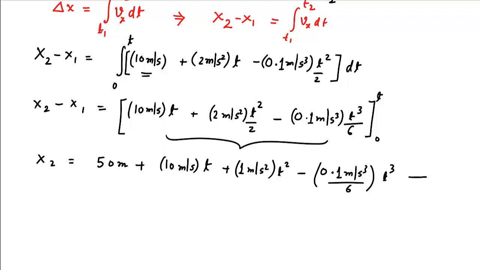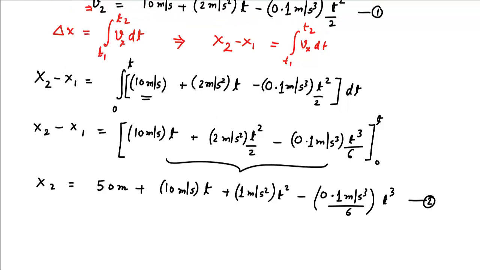So this is the expression for position at any point in the future at time t. So this is the first part of the problem in which we calculated position at any time t and velocity at any time t.